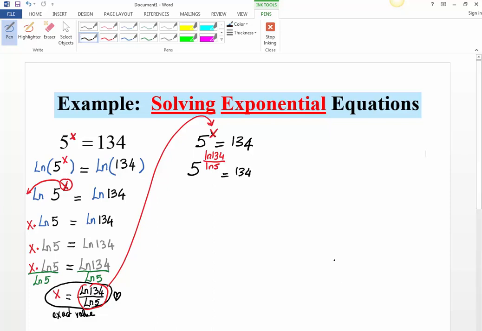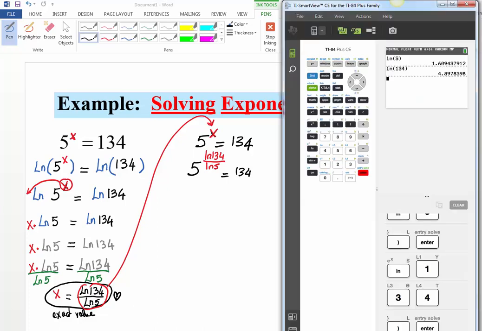So using the calculator, what I'll do is the following. I'm going to first find what x is worth. That x is equal to ln of 134 divided by ln of 5.